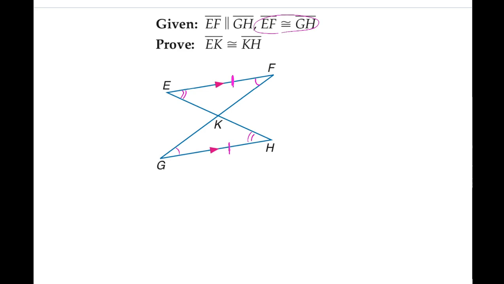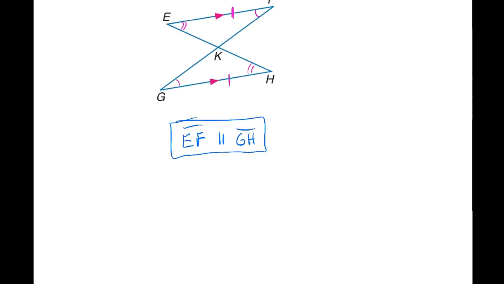So let's go ahead and start with, and here's what we'll do. Well, let's do this in blue, okay? So let's go EF is parallel to GH, and then we'll put a little box around that. I forgot a line there. And then watch this. I'm going to split this off.